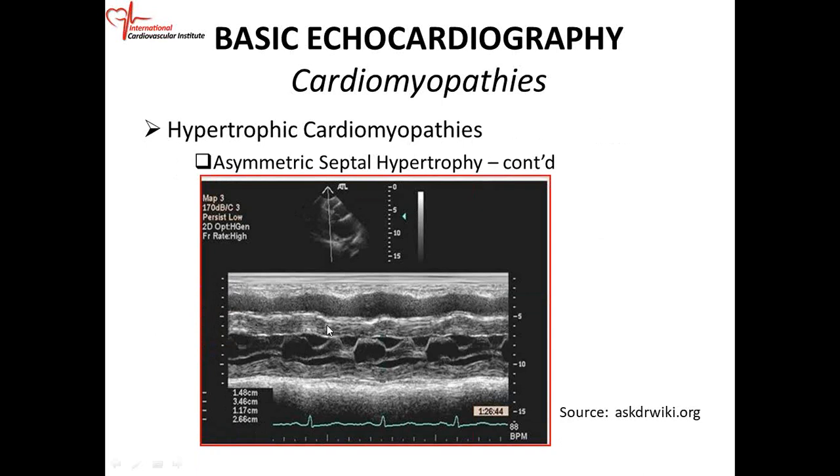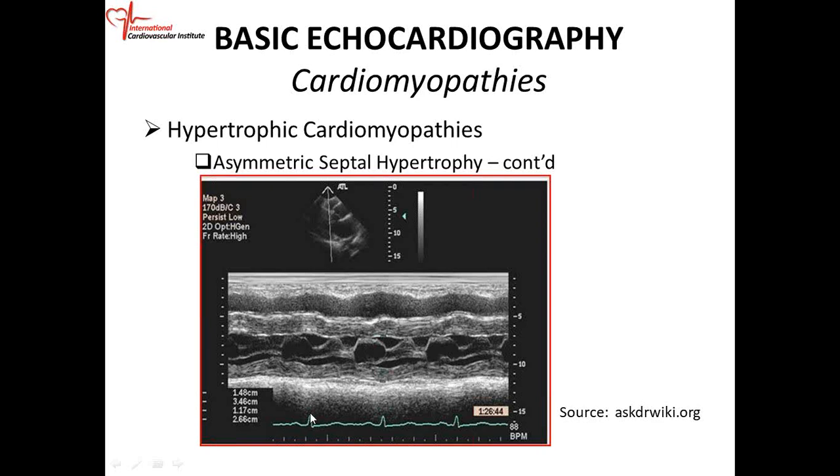But look what happened inside your LV cavity. This is the mitral valve, okay? Look at your ECG on the bottom. The mitral valve opens in diastole, opens in diastole, opens in diastole. But in systole, you have anterior displacement of the mitral valve.